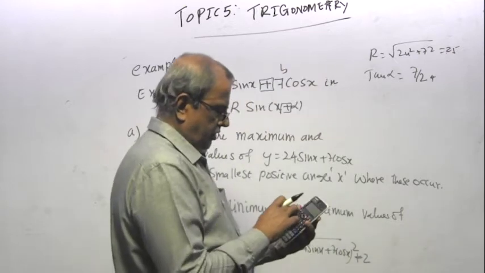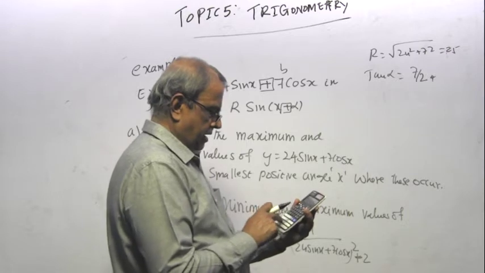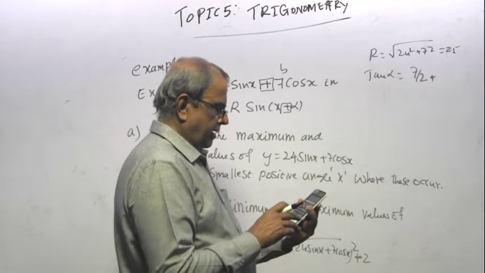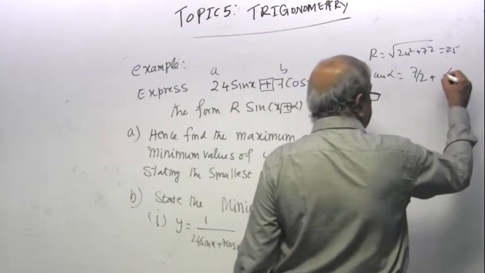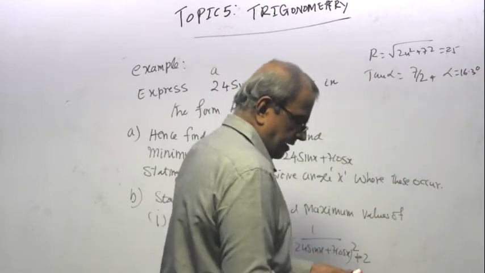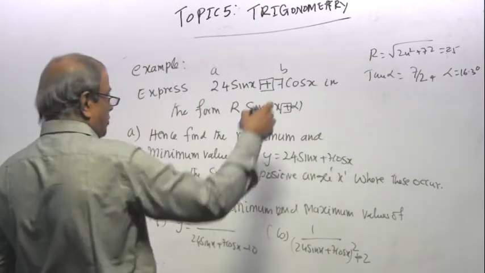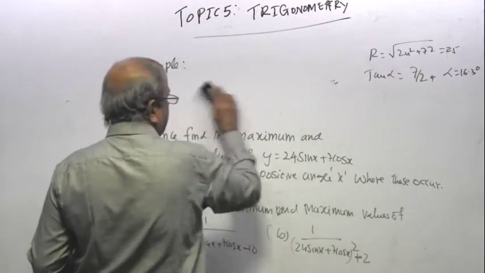So shift tan of 7 divided by 24 gives 16.3 degrees. You get 1 or 2 marks for writing that, so I will go straight to part A.